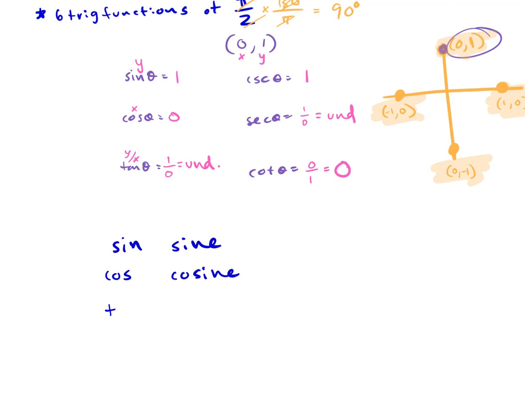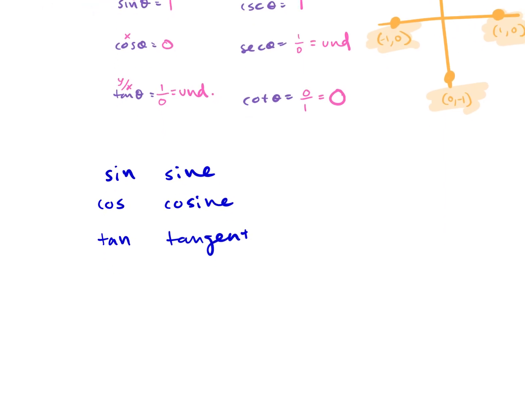Tangent, so TAN stands for tangent. And then our reciprocal functions would be CSC stands for cosecant. SEC stands for secant. And COT stands for cotangent.